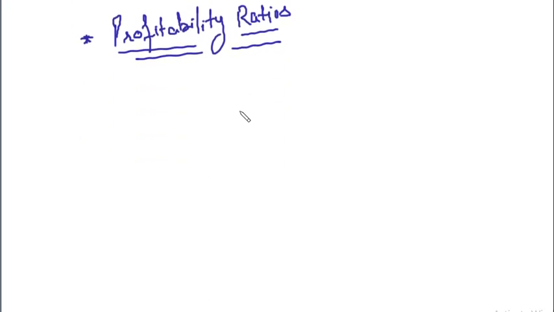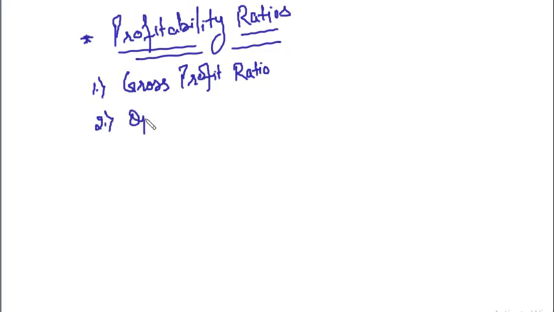Now the first thing is, how many ratios are there under the profitability ratios? How many ratios are we going to study under profitability ratios? The first one is gross profit ratio. Second one is operating ratio. Right?